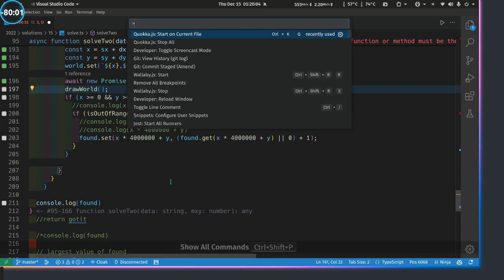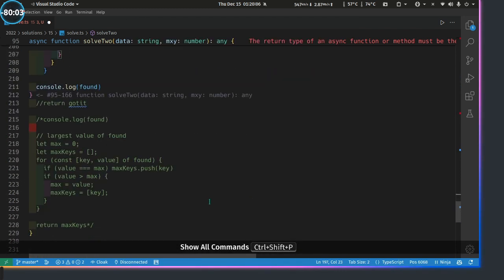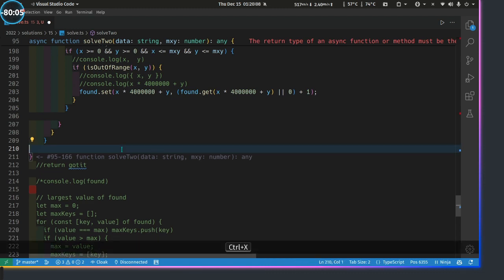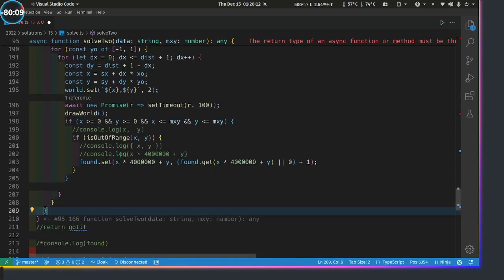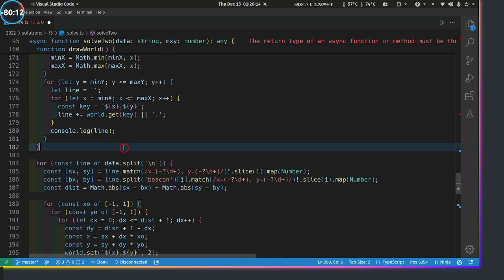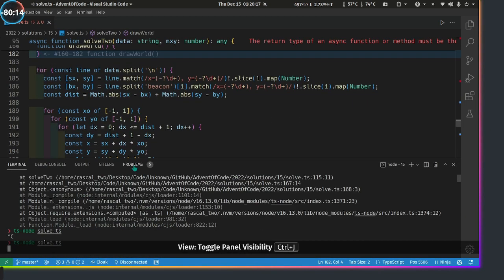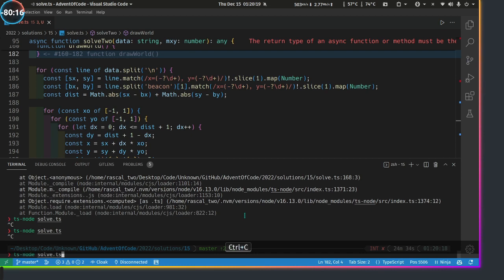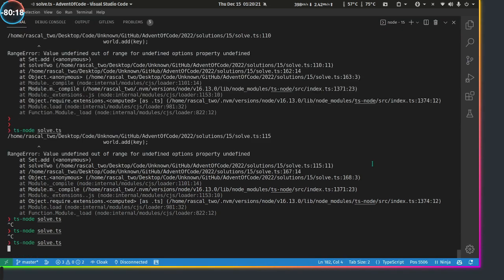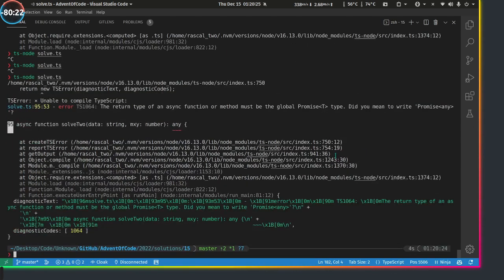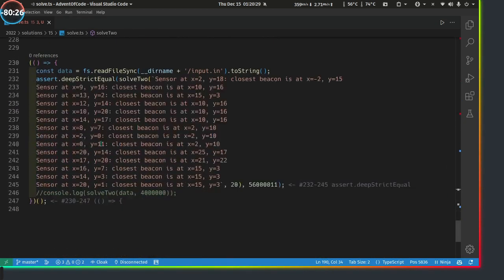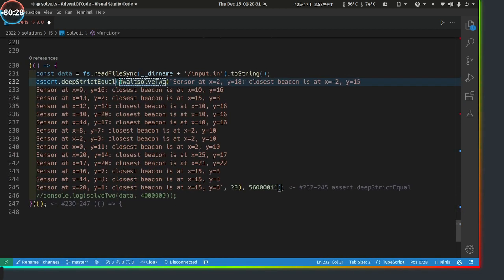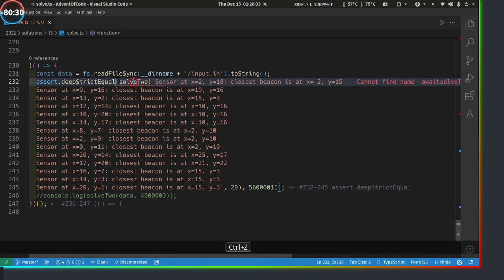Okay, we gotta turn off Quokka. Stop all for this. Auto format. There it is. Works good enough. So this should visually show something. Dagnabbit. Oh, it's a promise. Great. Where are you wanna go? Oh, just the typing's the problem.